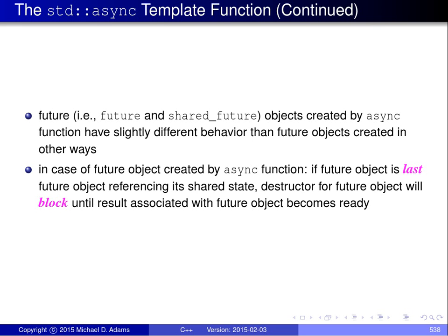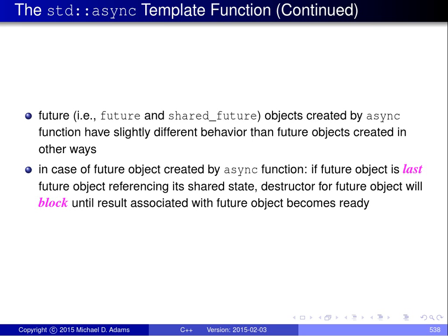What's different is that when a future object is destroyed, in the case that the future object was created by the async function, when the destructor is called for the future object, if that future object is the last future object that's referencing its underlying shared state, then the destructor for that future object will block until the result associated with the future object becomes ready. This is not the case with future objects that are created by other means other than the async function, though.